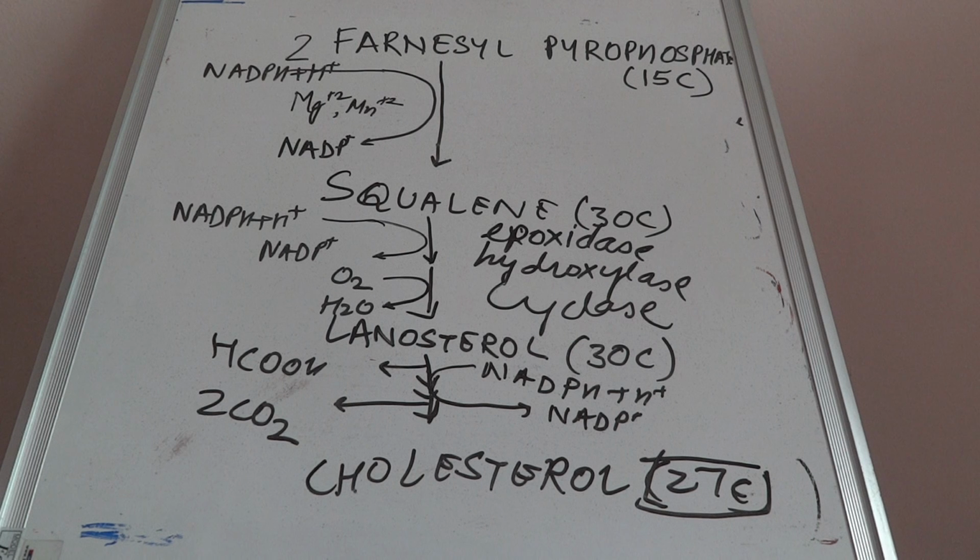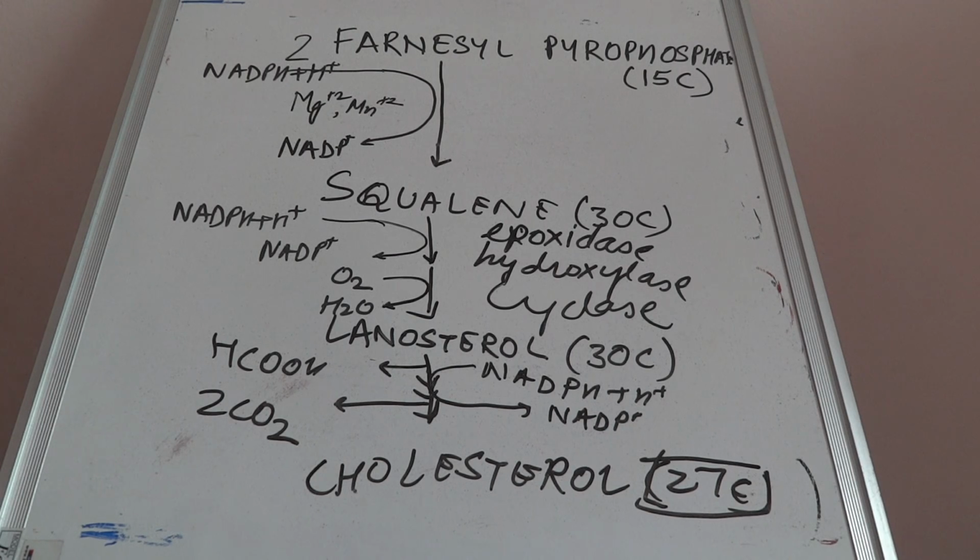So the energetics is not that difficult if we remember that from farnesyl all the reactions require NADPH plus H plus. The HMG coenzyme A reductase reaction requires NADPH plus H plus, and all the kinase reactions require ATP. So there are 3 kinase reactions that require ATP.